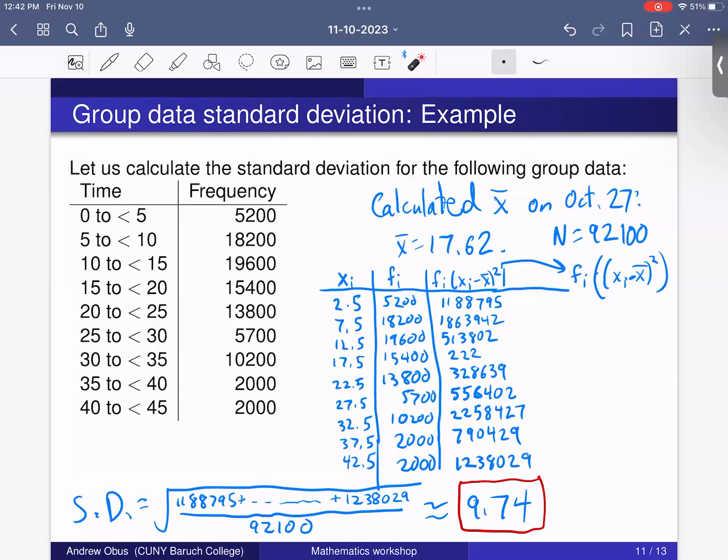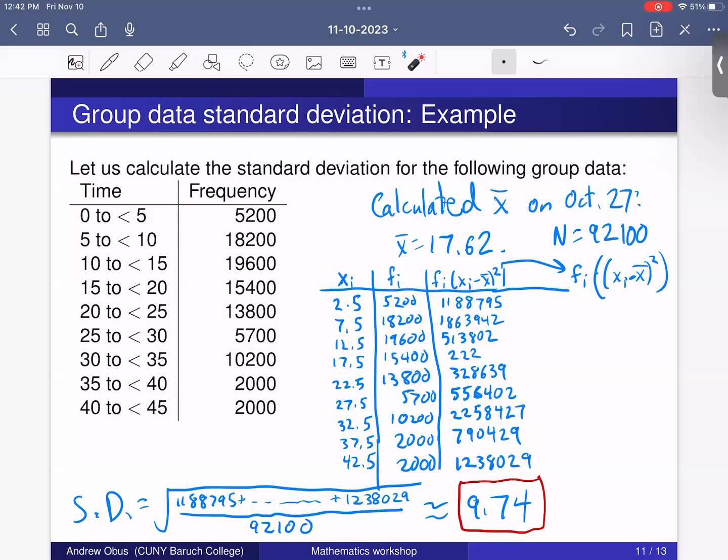It means that everything is very, very close to the mean. So you have a high level of confidence that if you see more data, it's all going to be very close to the mean. If the standard deviation is large, then the data is all over the place. For instance, if you give an exam and the standard deviation is large, your class performance is all over the place.